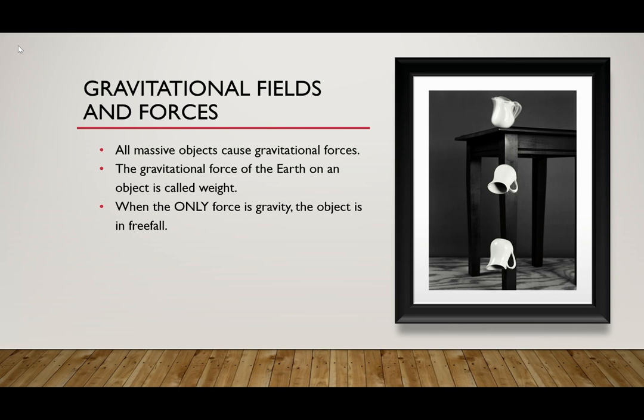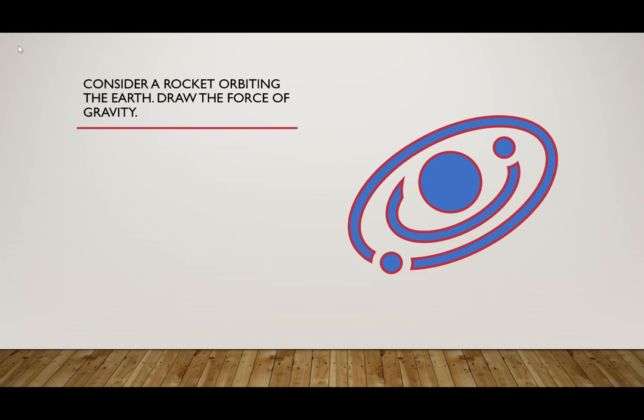When the only force is gravity, the object is in free fall, and that's because there's a force field acting around it. That force field is dependent on the mass of the objects that are interacting with each other and the distance between those two objects. But then we also have other types of forces. We have contact forces, and we're going to look at both of those.